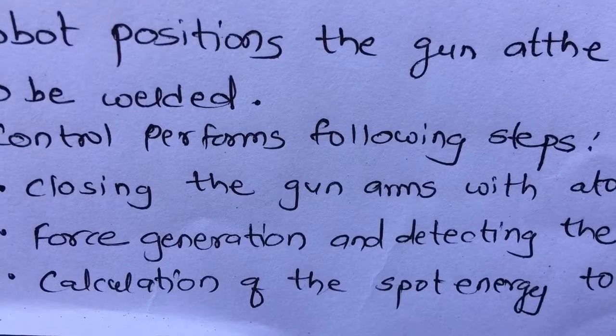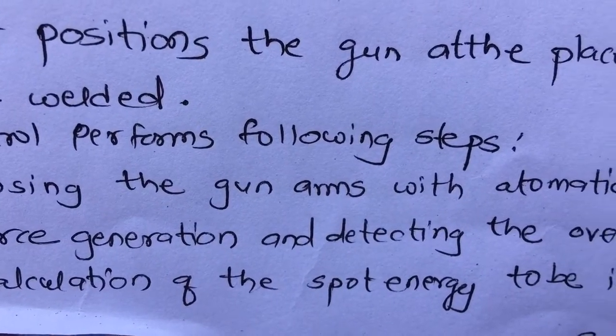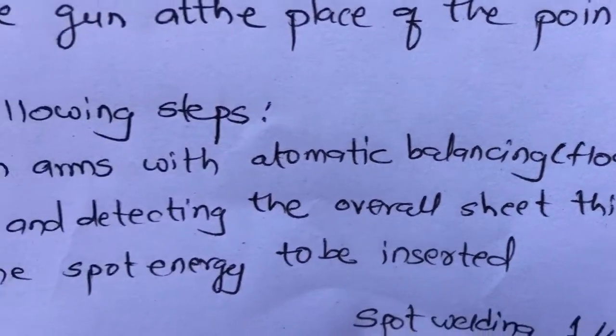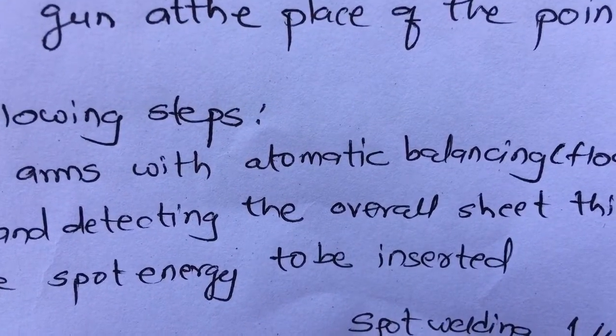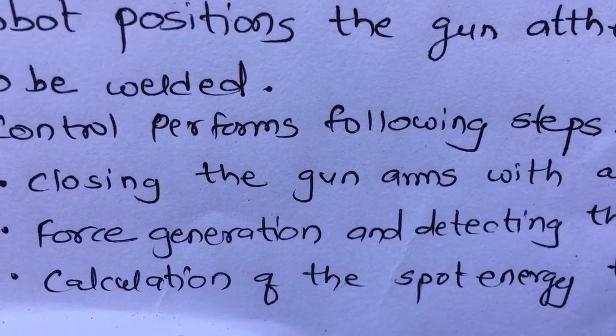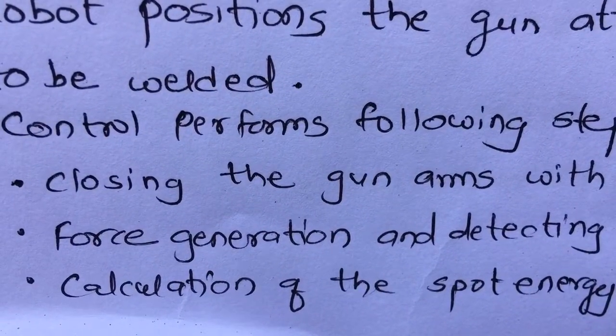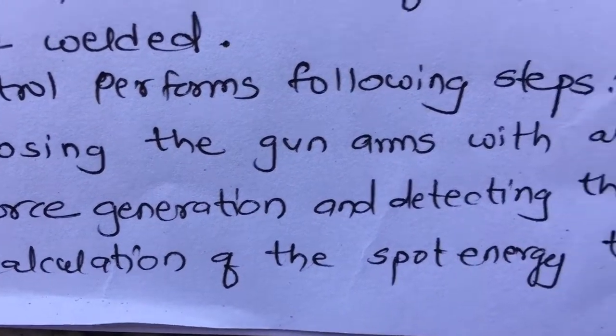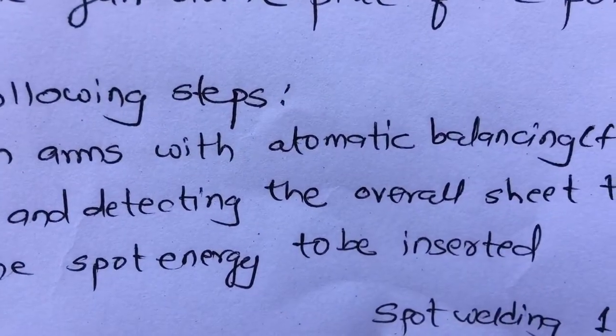The second function is force generation and detecting the overall sheet thickness. The detection of sheet thickness is done here, and how much force is to be applied is also calculated, and that much force is generated. The next part is calculation of the spot energy to be inserted.